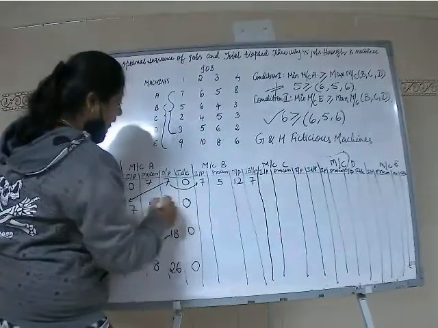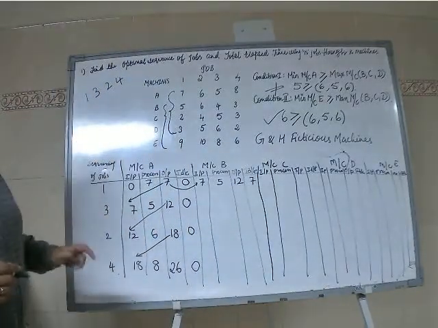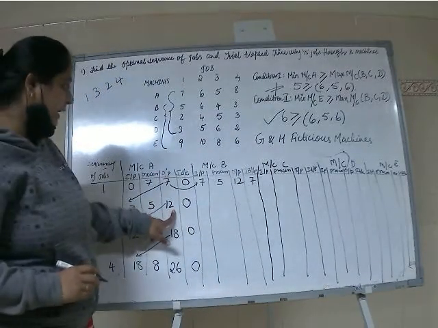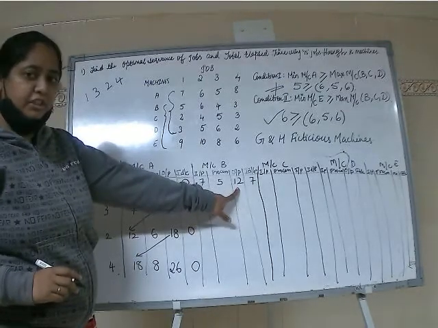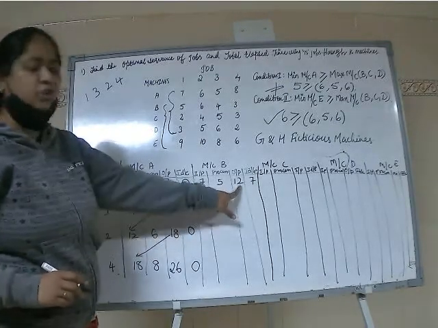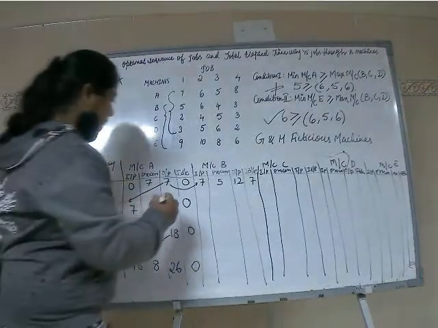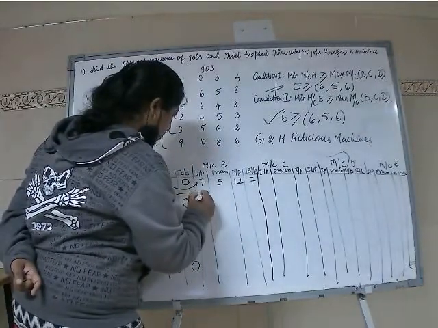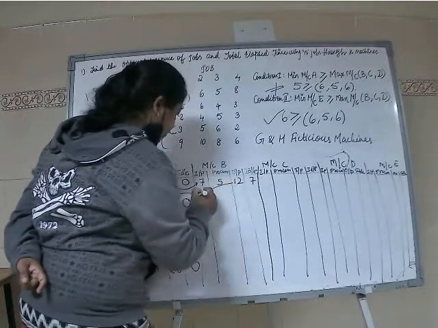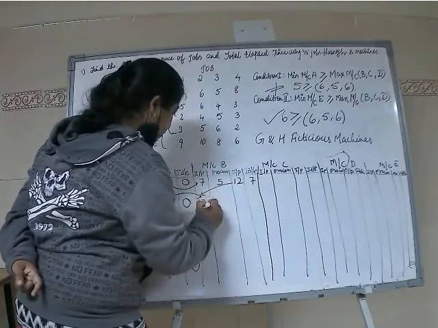Then next, you need to check the output of machine A and the output of machine B. Among these two, whichever is the maximum, you need to take as the next value. So here it is 12 and 12. I am going to take 12 because both are same.